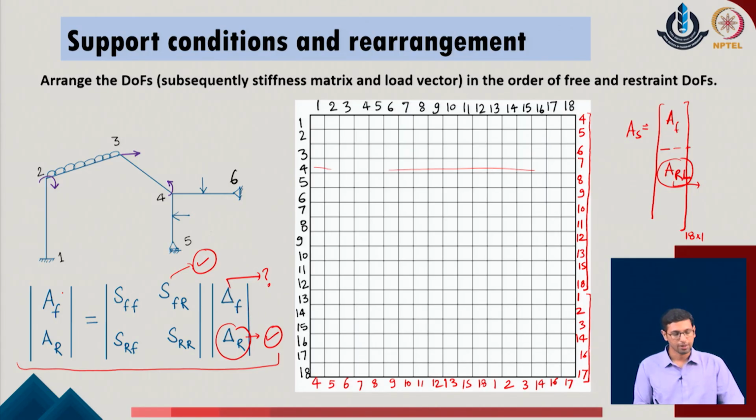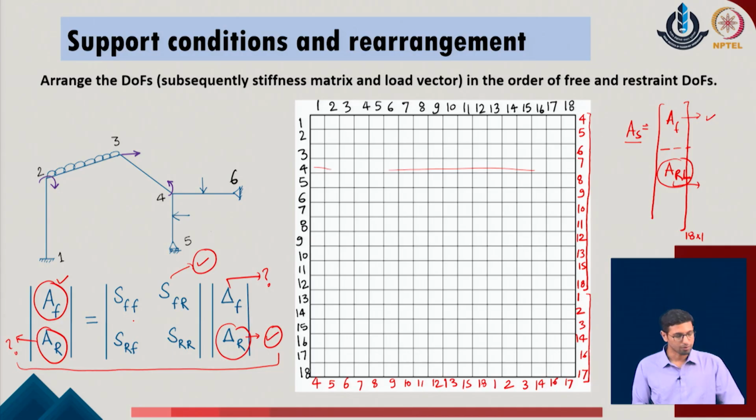A of F, which are the forces corresponding to the degrees of freedom which are free, if we have already evaluated A of S and arranged it in this order, we know the A of F value of the given system also. So, this is a known value to us, and A of R, which is the final value, is not known to us. We do not know the reactions of the system exactly. So, that is why these values remain unknown to us.